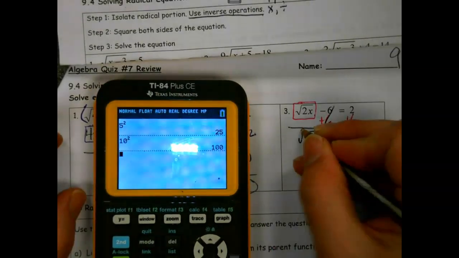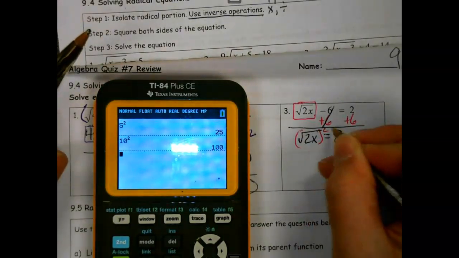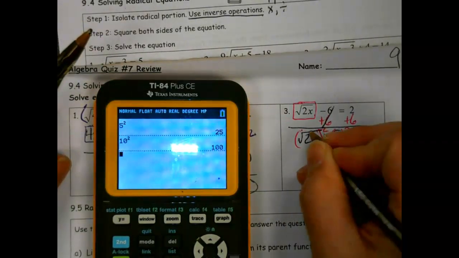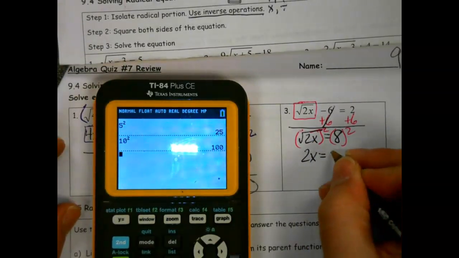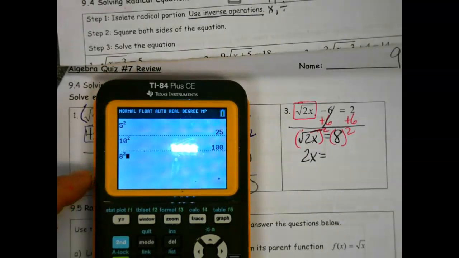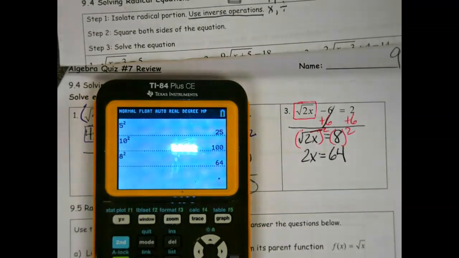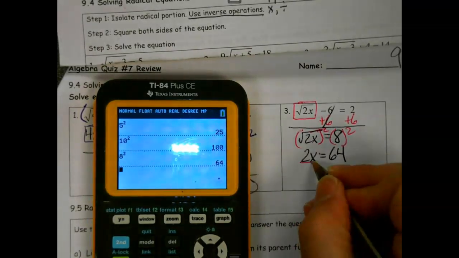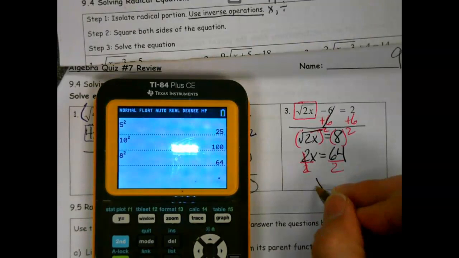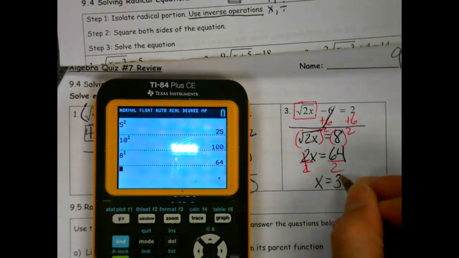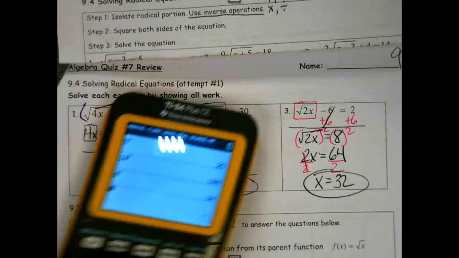So I got to get rid of my square root next with my squared. Okay, that goes away. Again, 8 squared is 64. And do my one opposite.